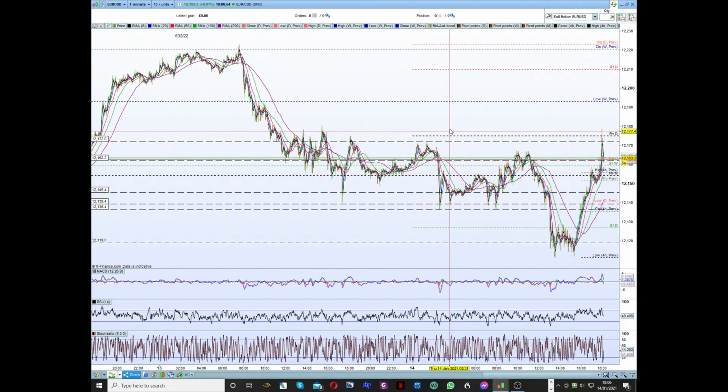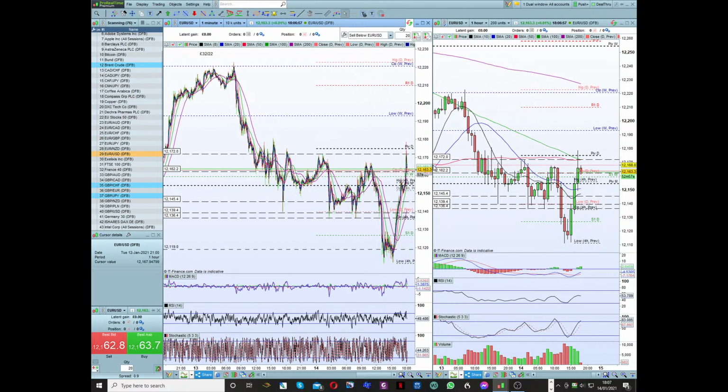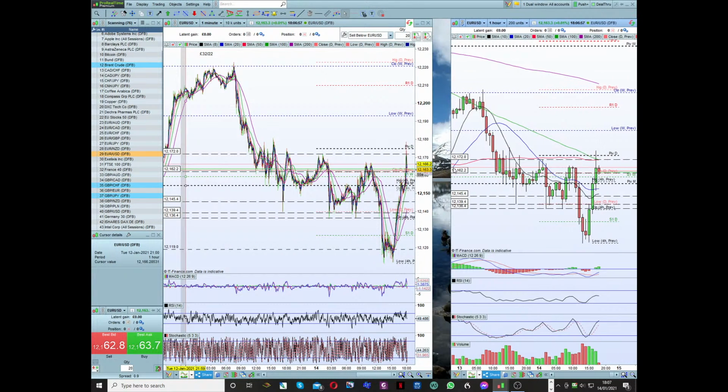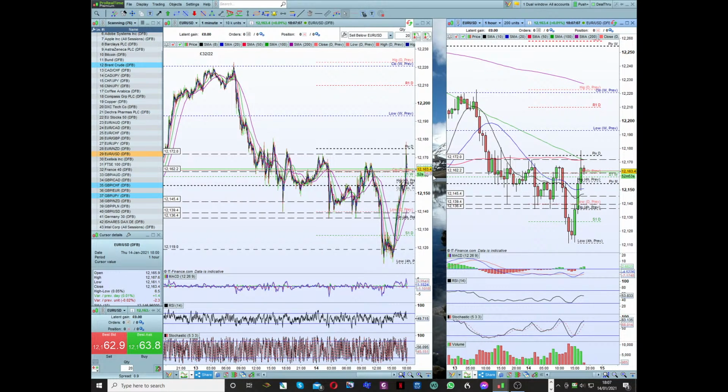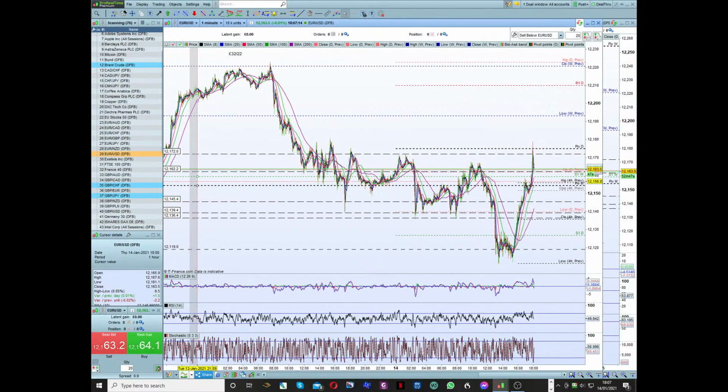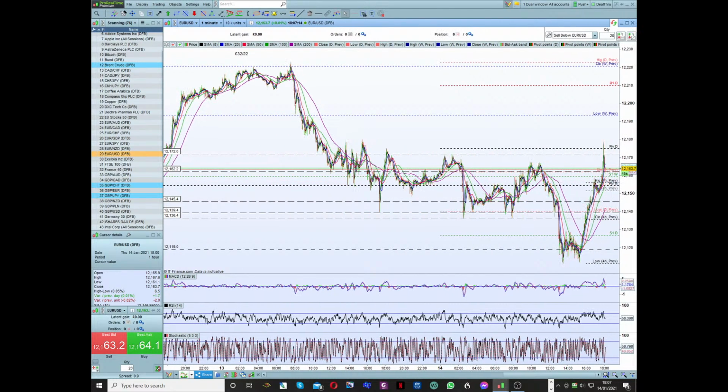So we have this resistance here on the minute chart, which is prior resistance. I just want to widen this chart out here. Bear with me, my mouse is playing up. So it's good to scan back and look at what we're looking at here.